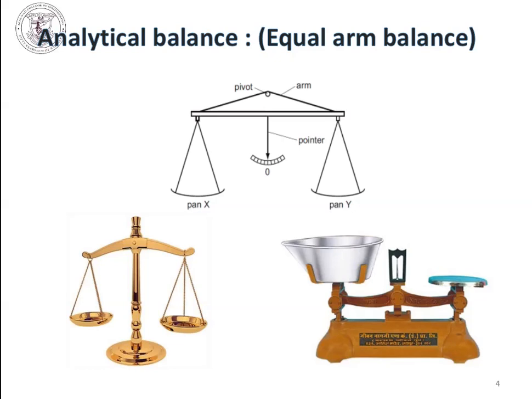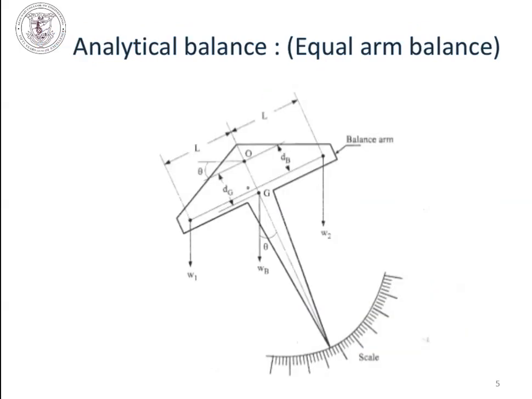This is a schematic diagram to understand the concept of the equal arm balance. In this, the direction of force is parallel to the gravitational force, hence only its magnitude needs to be determined. What does it mean that the direction of force is parallel to gravitational force?